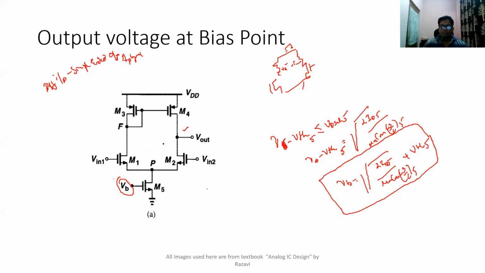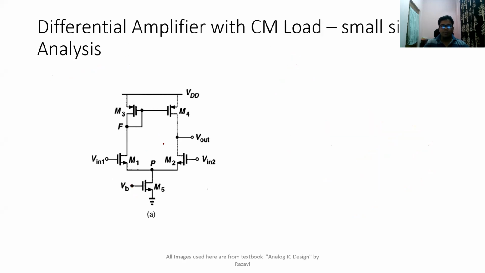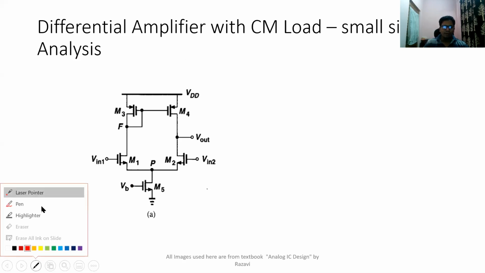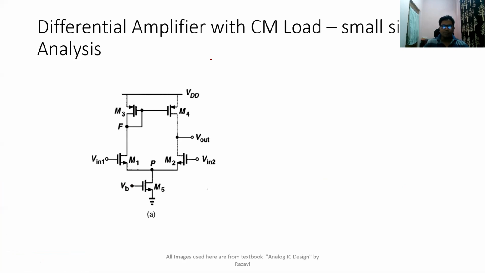If you want to see the small signal gain, not common mode, small signal gain of this amplifier, if I try to analyze, current mirror load, okay, small signal gain.